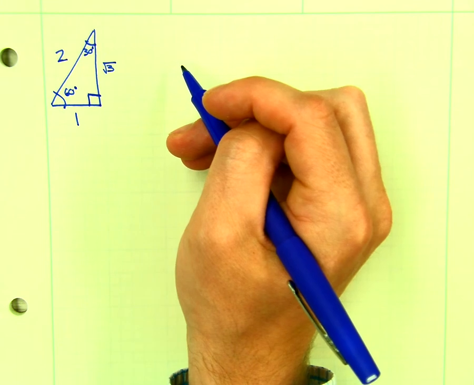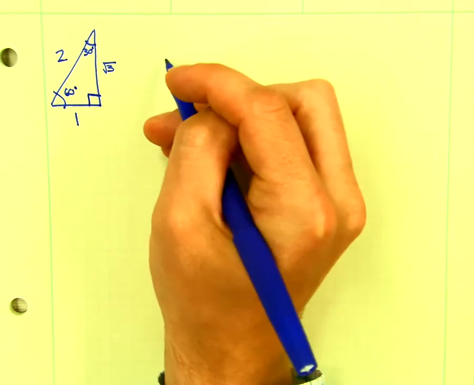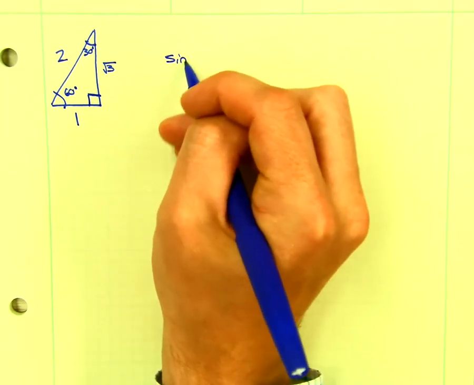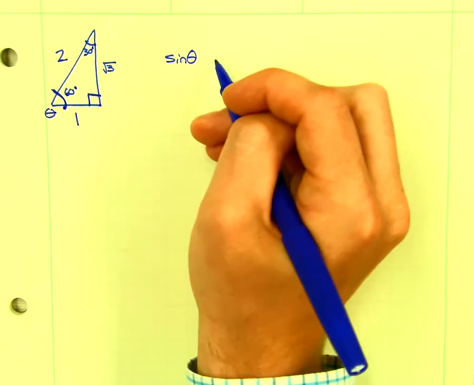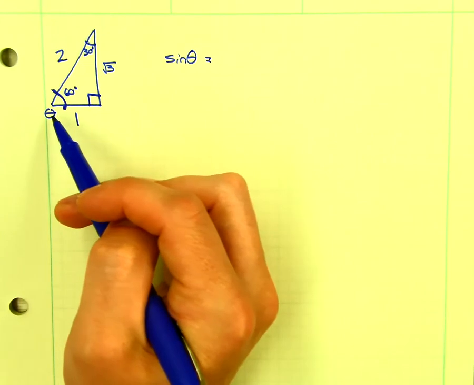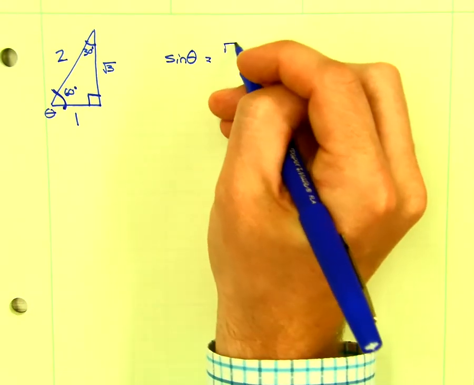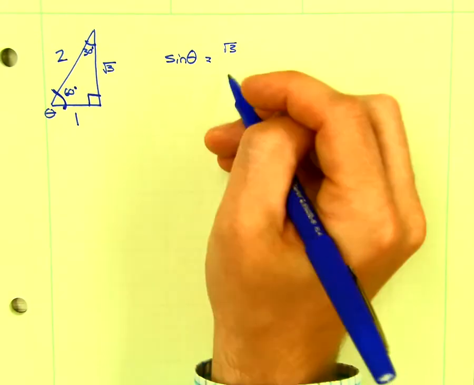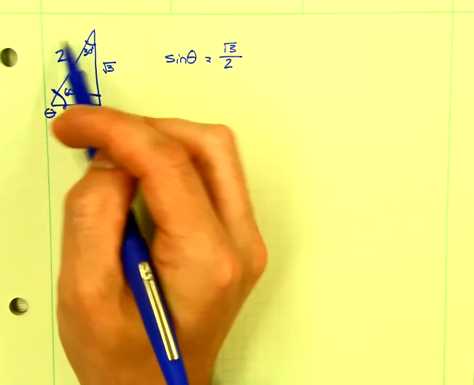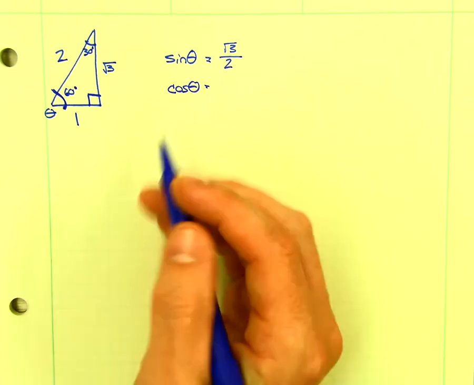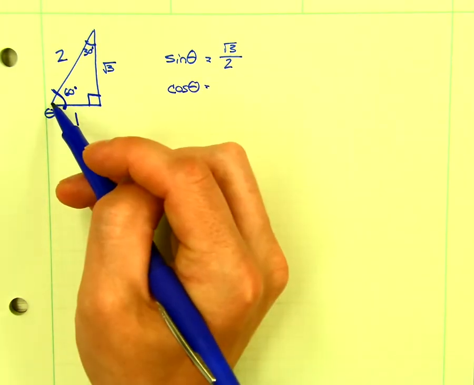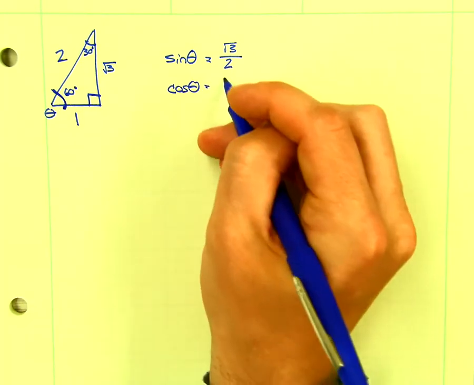Okay, so here I've got the sine of theta. In this case, my theta is going to be 60 degrees. So sine of theta, SOHCAHTOA. So I'm going opposite, which is going to be root 3 over 2, hypotenuse being 2. Cosine of theta is going to be equal to, in this case, the adjacent. The adjacent is 1.